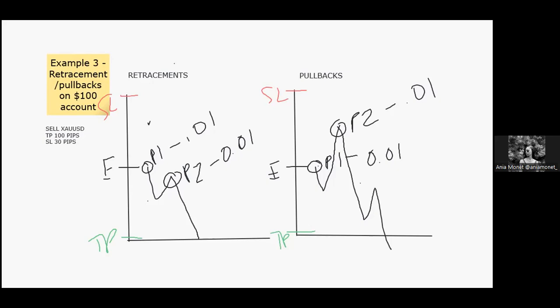Now, another thing about this example for your pullbacks is on this second position, being that you're closer to your stop loss, you've actually lessened your risk for position two. For position one, stop loss was 30 pips away. But for position two, it was only, let's say, 10 pips away, right?